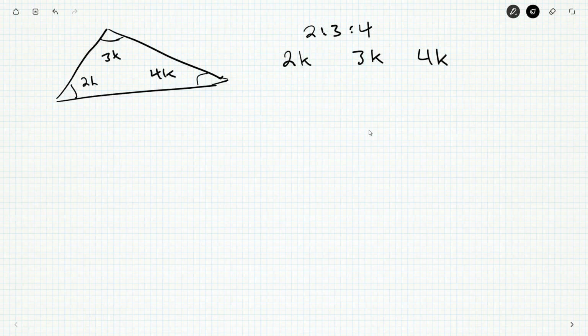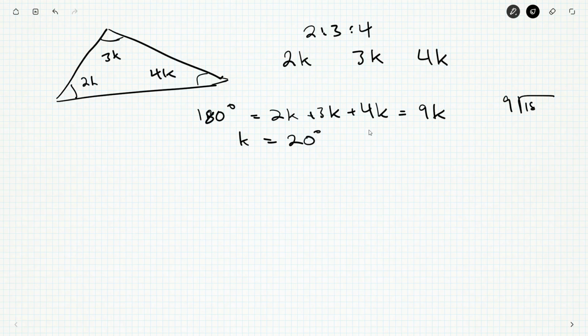Well, it's angles in a triangle, so we know 180 degrees is 2k plus 3k plus 4k, but that's all 9k. Dividing by 9 on both sides, which is something we can do without a calculator, if you need to, divide the old way. But we get k is 20 degrees.